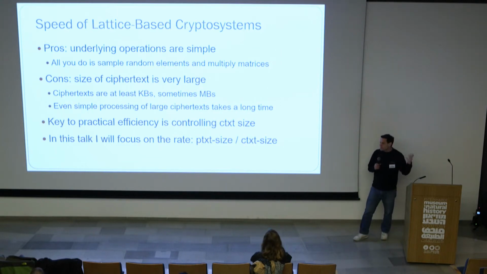If you want something that's practically efficient, the key is to get your ciphertext to be smaller. In this talk, my focus will be the rate, the size of the information that you manipulate versus the size of the encryption of that information.